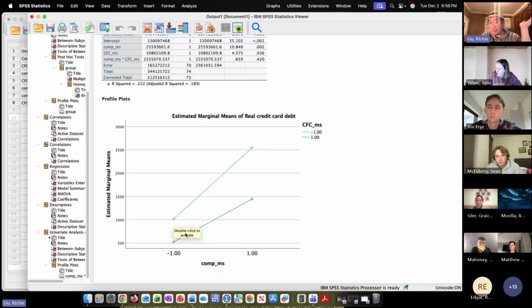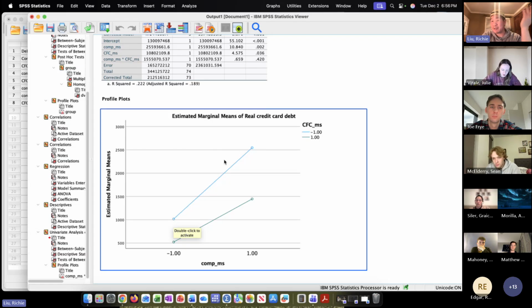There's a lot of different ways you can interpret it. It depends on how you want to tell the story. You can look at it from this standpoint, looking at the slope of the low, you can look at the mean endpoints, you can compare the two. A lot of different ways to interpret that, okay? So just keep that in mind. For the exam, it'll be a lot more straightforward.